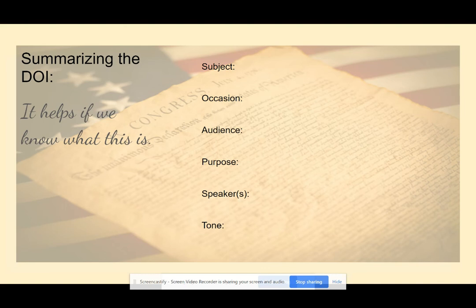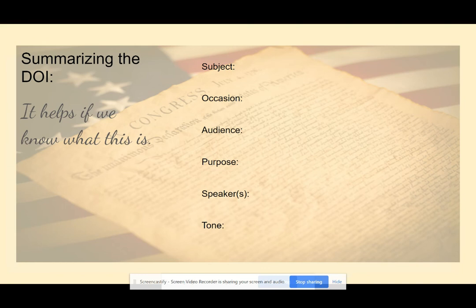That's the subject. The occasion is what has prompted this to be written. Anytime you're thinking of the occasion, it's kind of hard in school, because if I ask what's the occasion for this essay, you say, because our teacher assigned it to me. That's not really why people write.